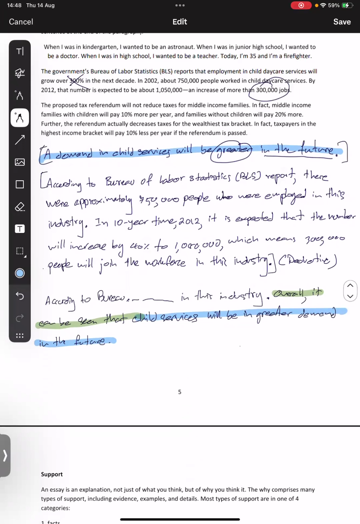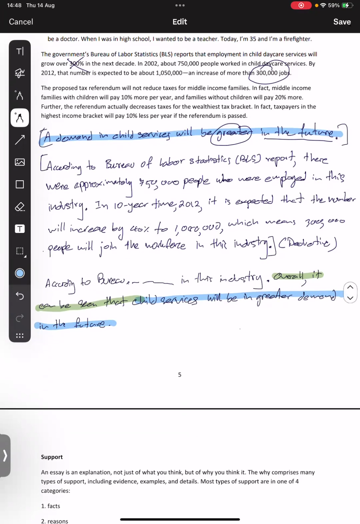Okay, last one for you. The proposed tax referendum will not reduce taxes for middle income families. In fact, middle income families with children will pay 10% more per year, and families without children will pay 20% more. Further, the referendum actually decreases taxes for the wealthiest tax bracket. In fact, the taxpayers in the highest income bracket will pay 10% less per year if the referendum is passed.